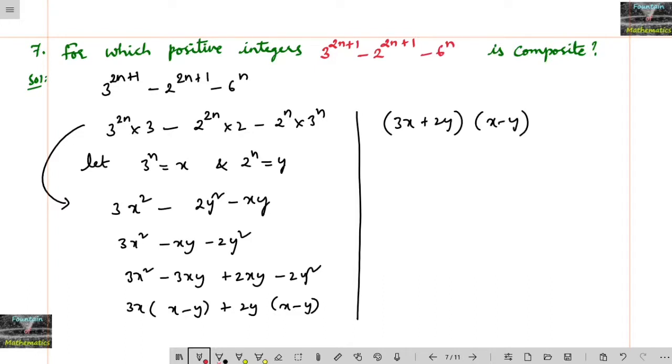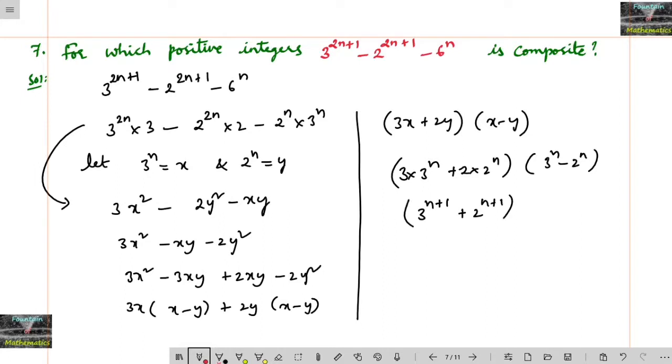This is the factorization. Here x is 3 power n, so 3x is 3 into 3 power n, plus 2 into 2 power n, into 3 to the power of n minus 2 to the power of n. So this is 3 to the power of n plus 1 plus 2 to the power of n plus 1 into 3 to the power of n minus 2 to the power of n.